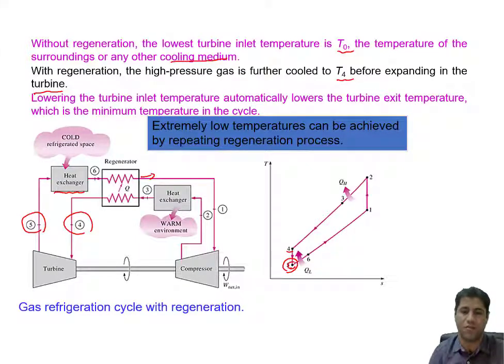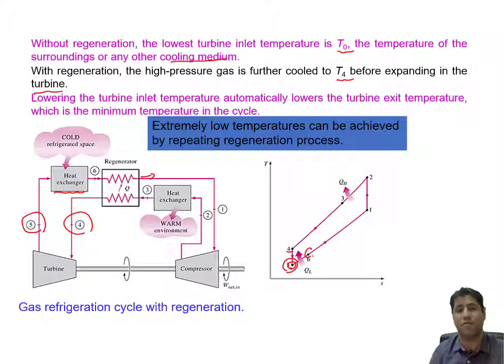You can see also from state 5 to state 6 we have this heat exchanger. The temperature of the working fluid is increased in this heat exchanger, and the rest of the increase in the temperature is in the process from state 6 to state 1, which is in the regenerator.